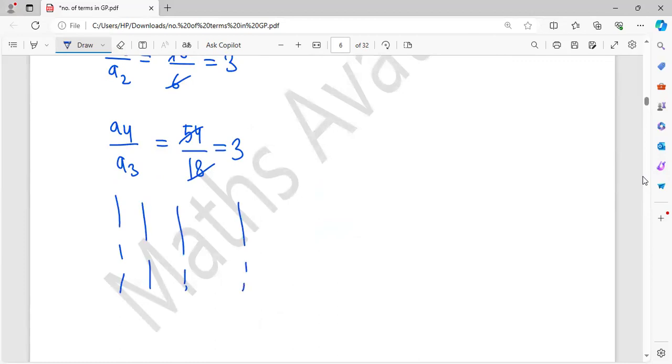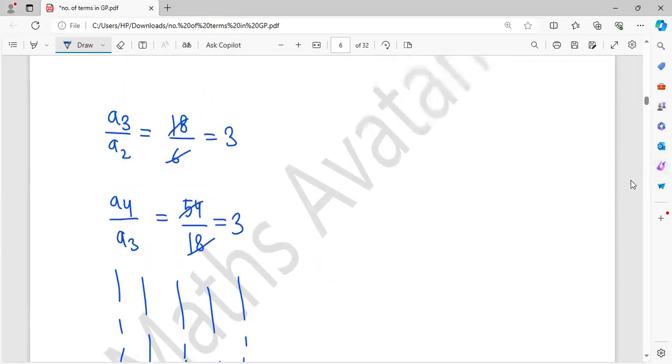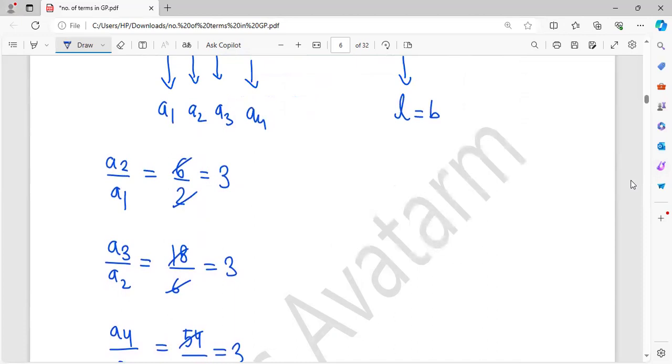So what you got is that A2 upon A1, A3 upon A2, A4 upon A3, this is nothing but 3.